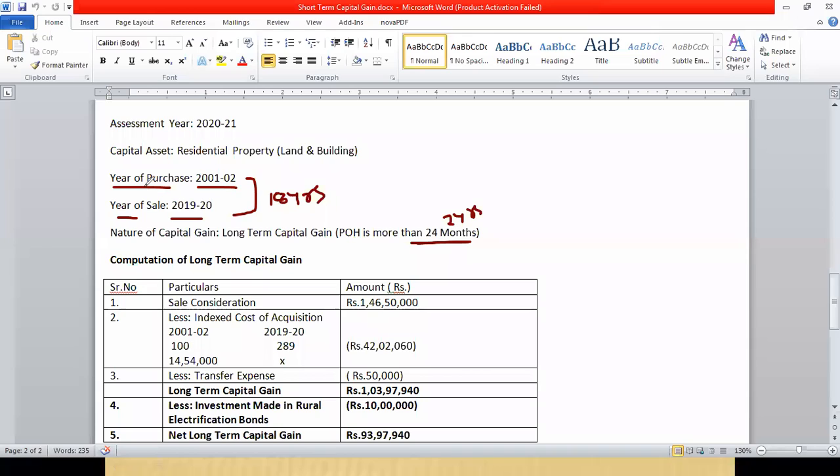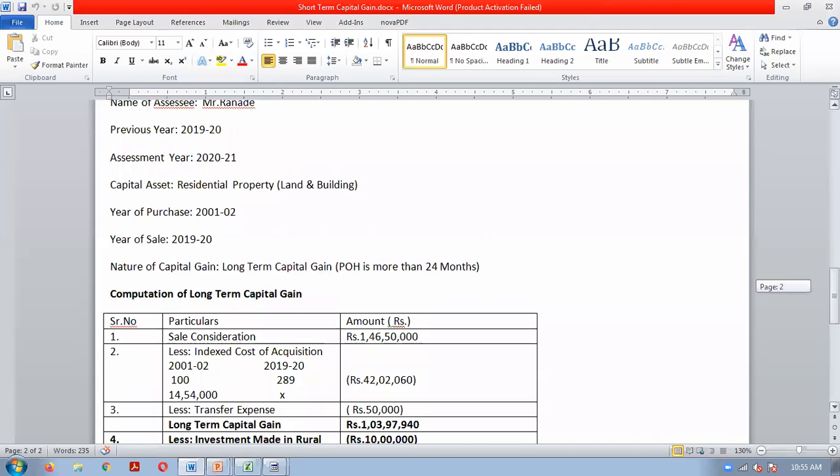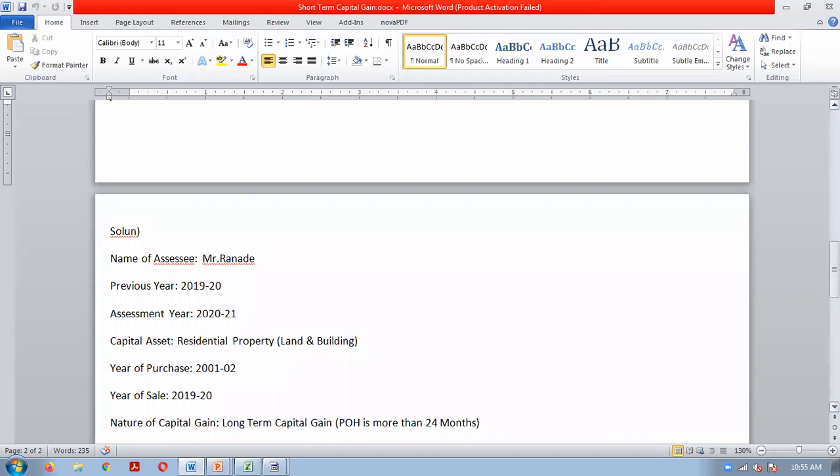Here it is approximately 18 years, so this will obviously be long-term, because the minimum requirement is 24 months and 1 day. So the nature of capital gain will be long-term capital gain. Clear everybody this much? First, we have understood whether the capital gain will be long-term or short-term. Everybody note down this much part. Then we will go with the illustration.